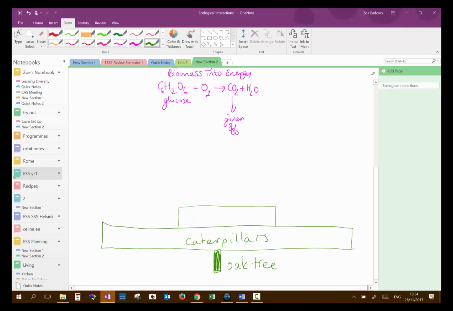an oak tree. And then we've got these blue tits that are feeding on the caterpillars. We've got the sparrowhawk feeding on the blue tits, and then we've got an unusual situation that we've got some bird lice, parasites, and there can be a lot of bird lice on one sparrowhawk, feeding on this sparrowhawk.